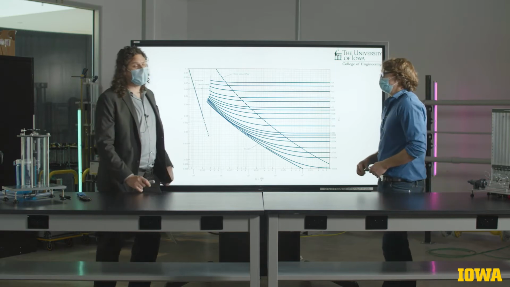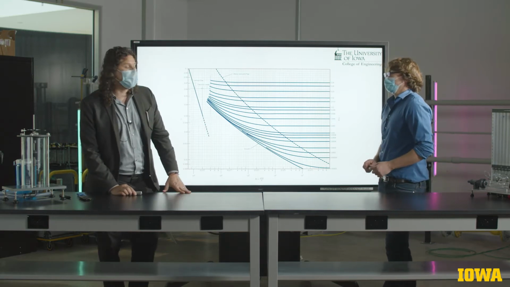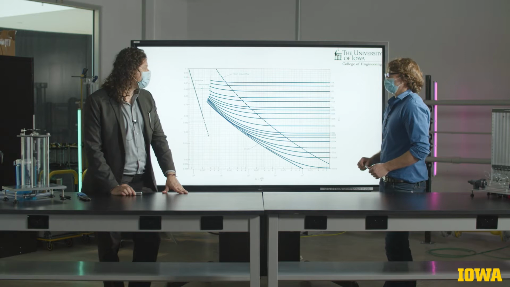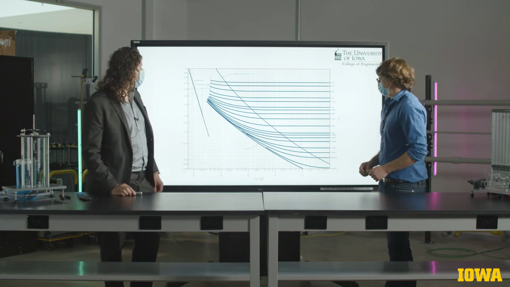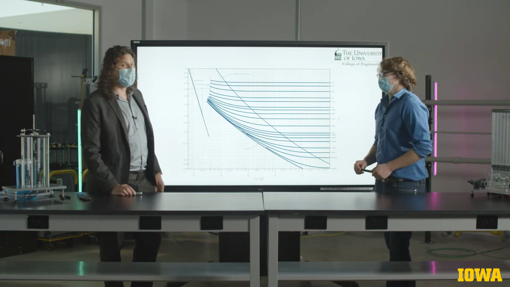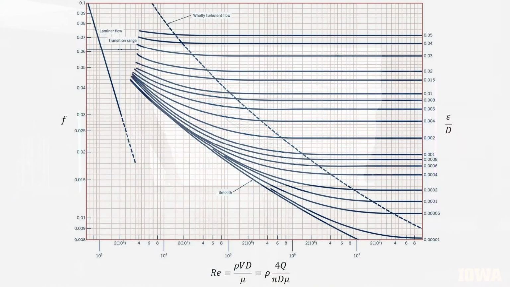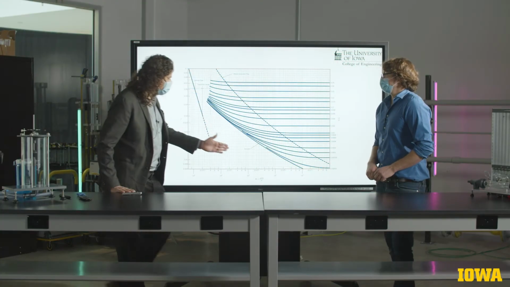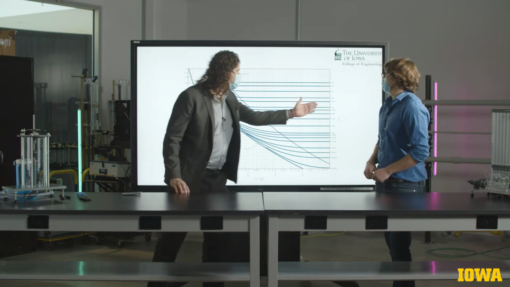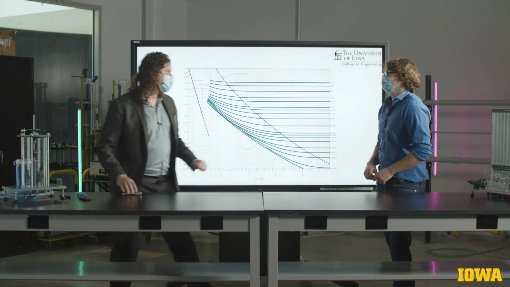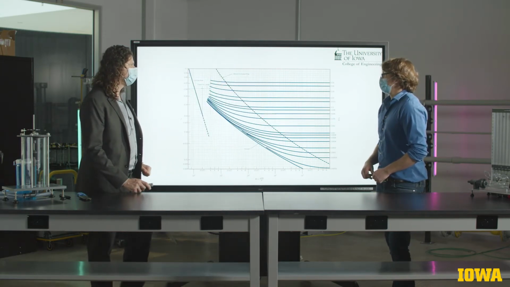We will use the results of our experiment to compare to well-known and well-established relationships between these factors, which are all encoded into the very famous Moody diagram, which gives us a relationship between the friction coefficient, the Reynolds number, and the relative roughness for a pipe. That's right.